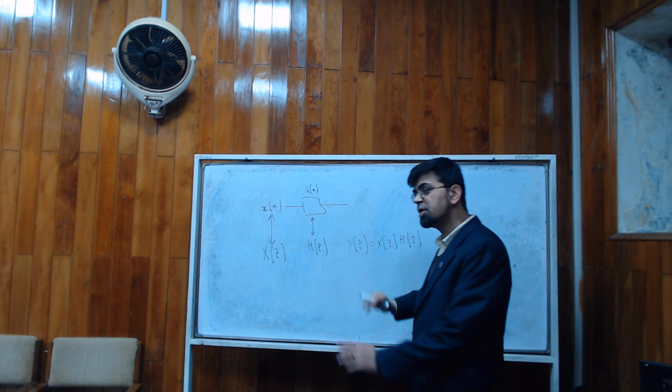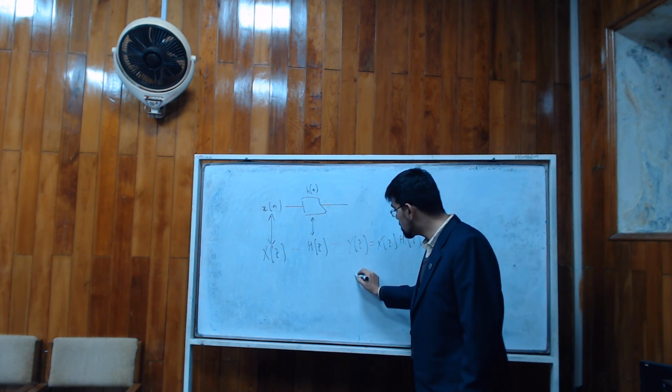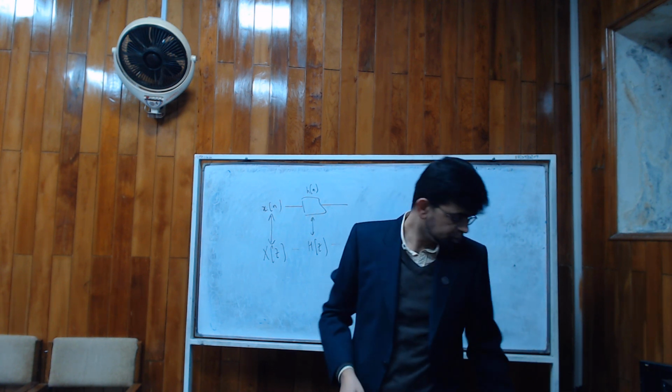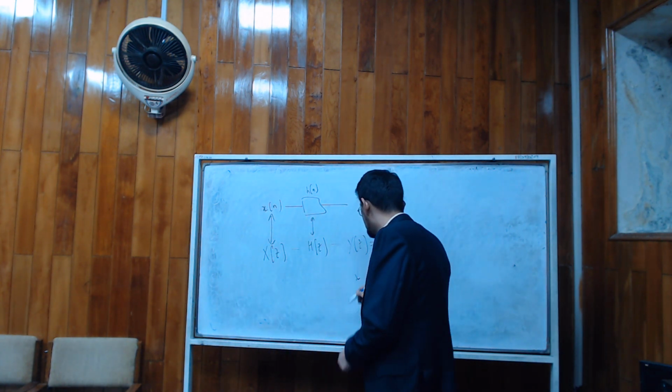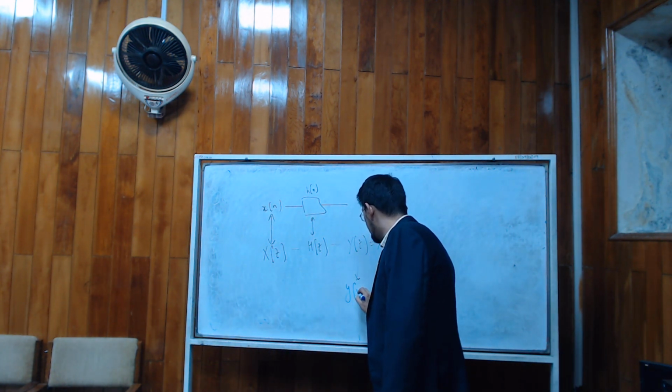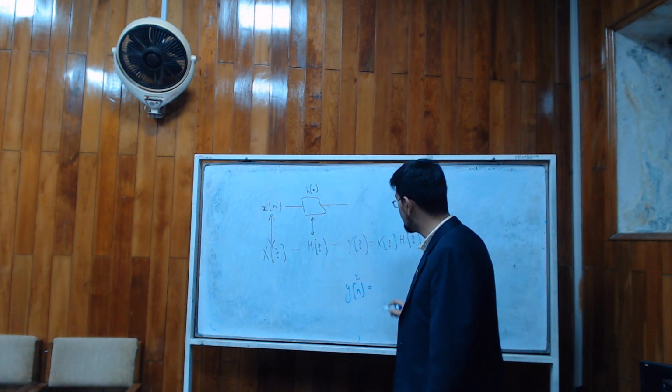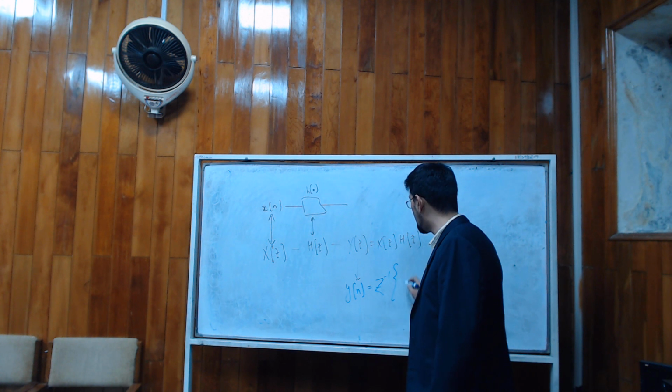But then after everything is done, you want to go back to the original, yeah, to the time domain. So then you need the inverse z transform, which is the inverse z transform of yz.